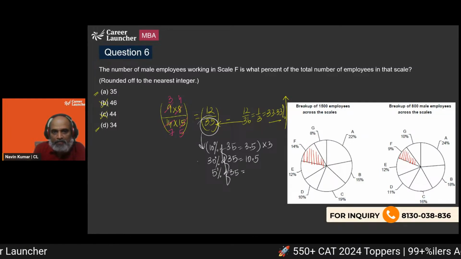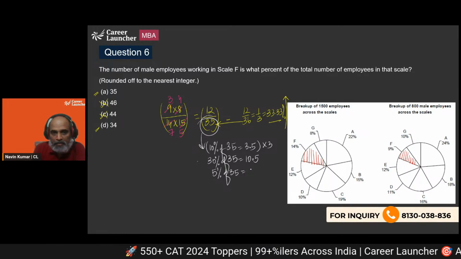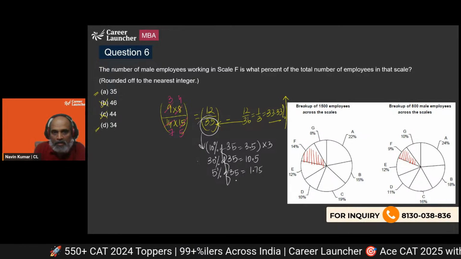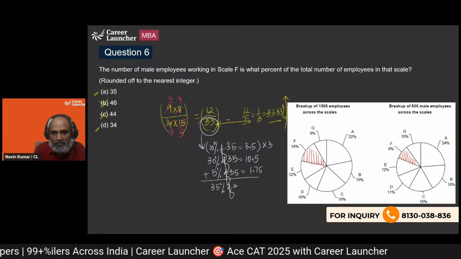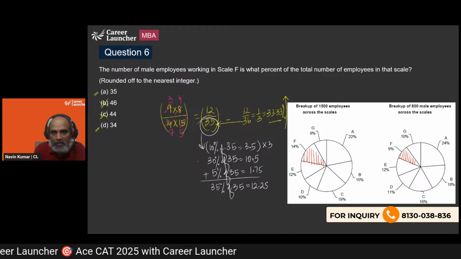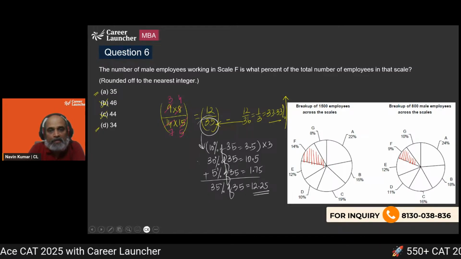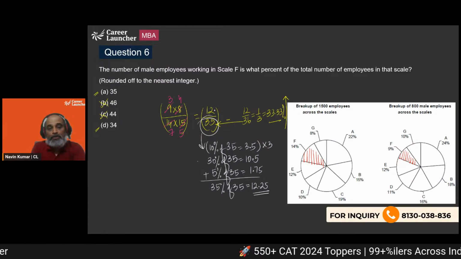Since we already know 10% is 3.5, 5% is going to be half of that, which is 1.75. Now, if we add them, we will have 35% of 35. This is going to be 12.25, right? Our target was to get to 12.